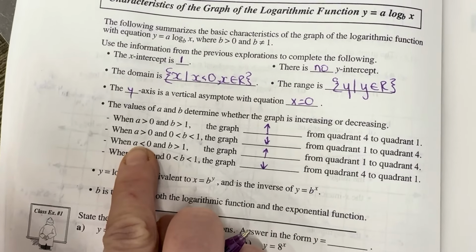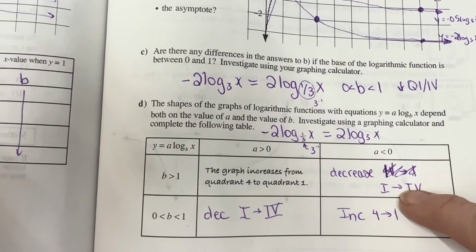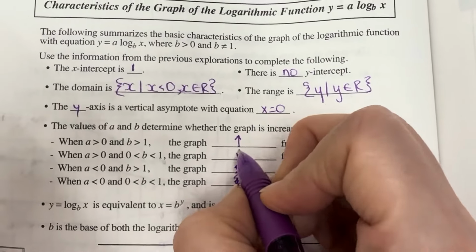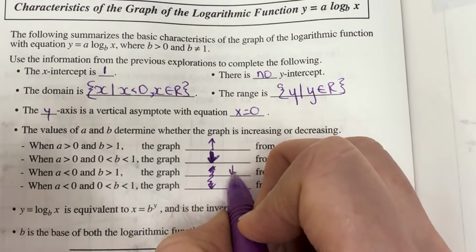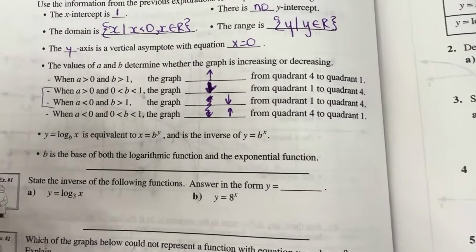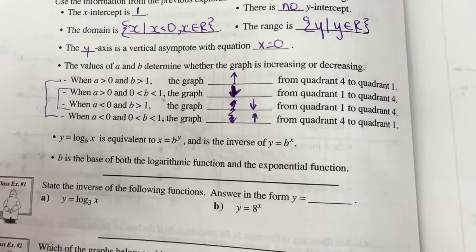So negative and greater than 1, decrease. Yeah, because they're the opposites. So this one's going to be decrease and increase, because these are the two that have the similarity, and then these two. Cool.